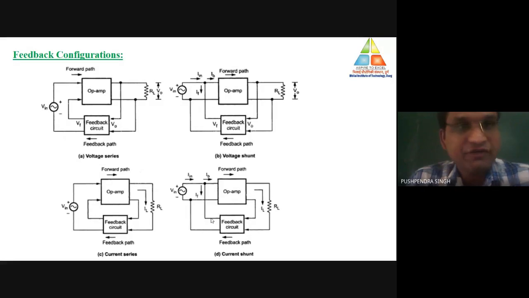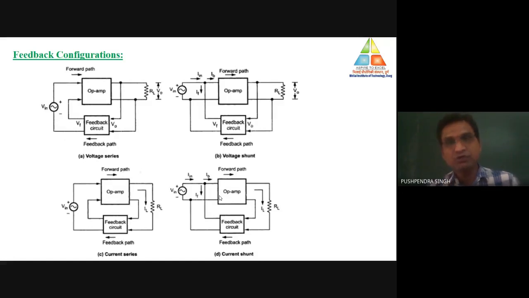Which kind of feedback may we use in any circuit? Basically, feedback can be divided into 4 categories. 2 of them are based on voltage and the remaining 2 are based on current. Either the feedback can be connected in series with the input or in shunt with the input. If the output voltage is connected in series with the input supply, that is called voltage series.